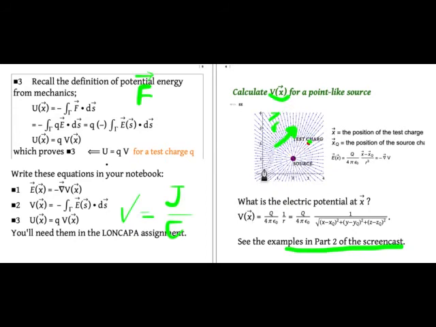Or if you had some source which is not a point, but some object with a shape, well, then you can divide that into points, use the superposition principle for each point, or for the set of points, add them all together, and you remember when you add an infinite number of small objects, it turns into an integral. So a combination of superposition and, if necessary, integration will determine the potential for any charged object.